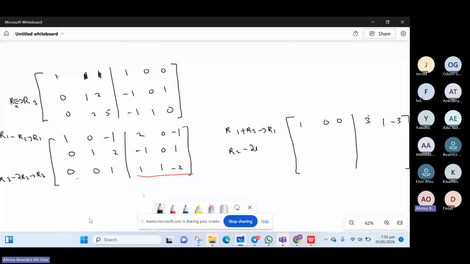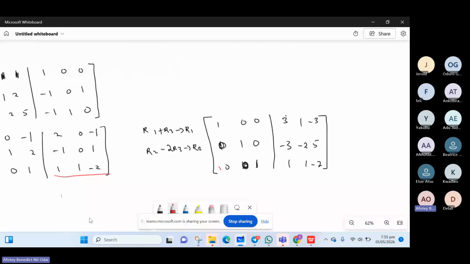This gives us R2, and we have 0 1 0, 0 0 1, and R2 minus 2R3, we get negative 3, negative 2, 5, 1, 1, negative 2. And this becomes our final answer. So once you get an identity element for the first part, the one here becomes your inverse.